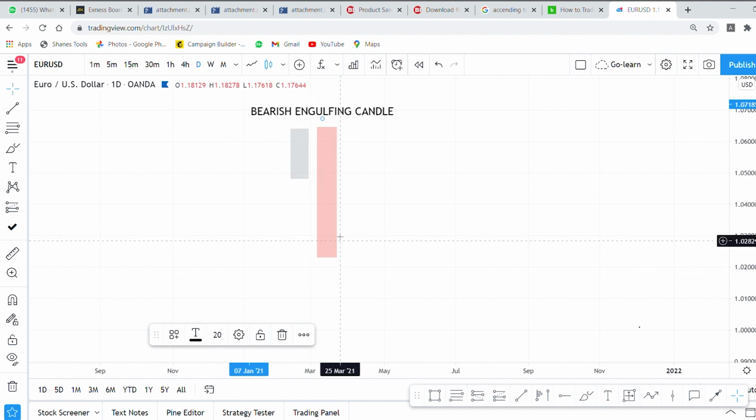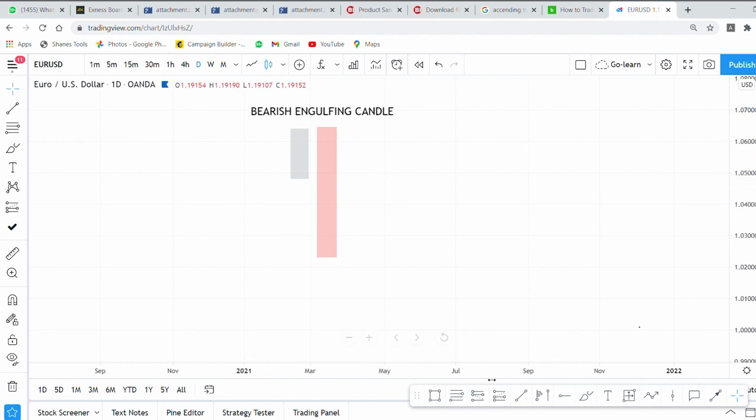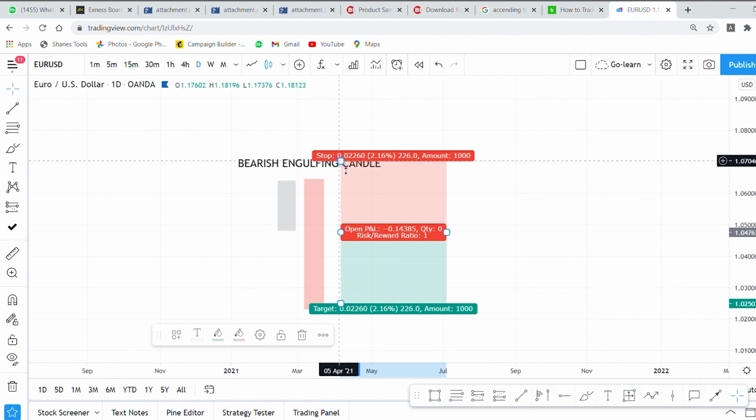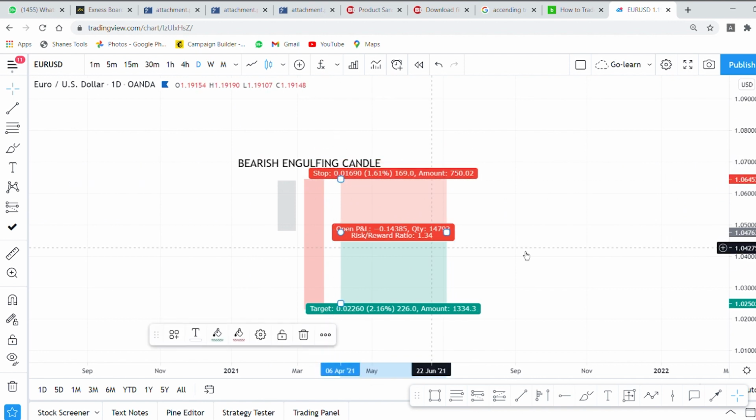Sometimes there's going to be a repricing back towards that area. So what you should do is have your pending order waiting for you right here, and open your short position right here. Put your stop loss at the open of the bearish candle.